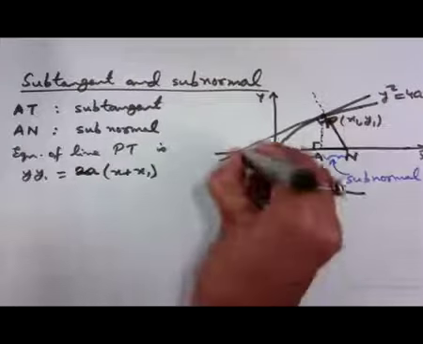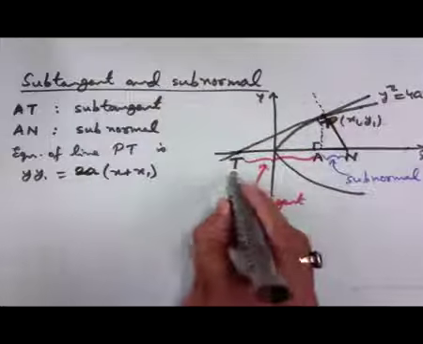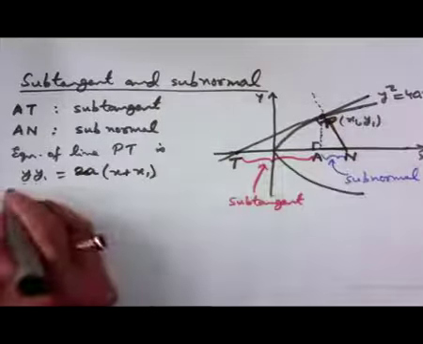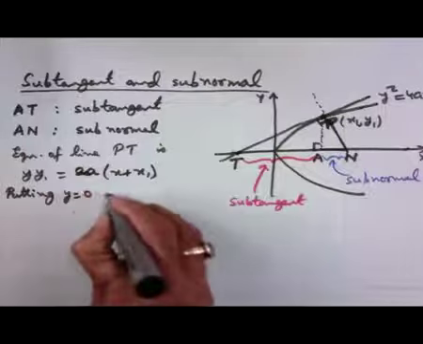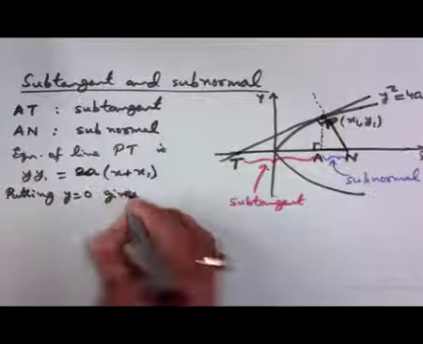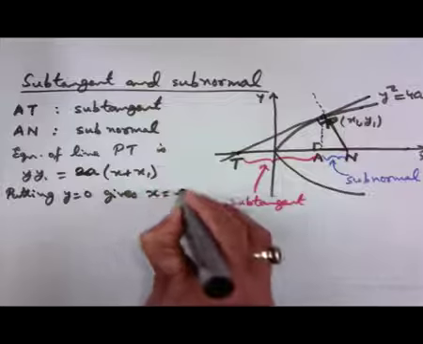So, the coordinates of T can be obtained by putting y equal to 0. Putting y equal to 0 gives x equal to minus x 1.